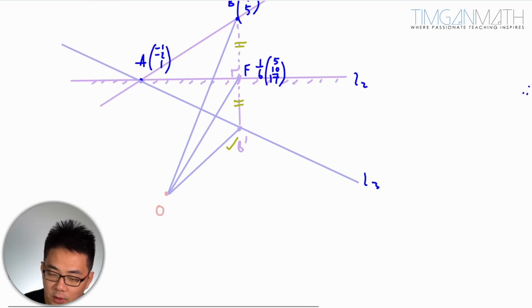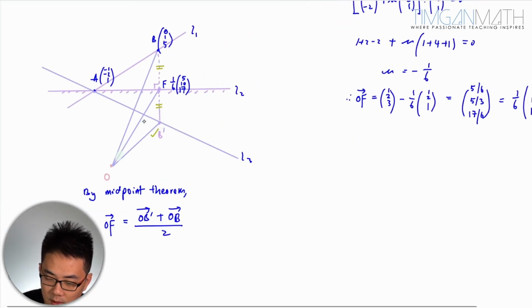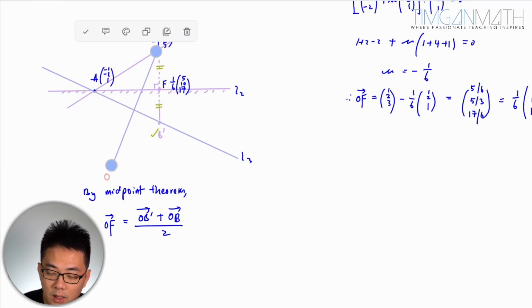So in this case here, by midpoint theorem, we know that OF is (OB prime plus OB) over 2. Right, so you take this middle one, then you add the sides together. Actually it's just ratio theorem. You take the side, cross multiply the ratio here, and you just add the ratio up. So yes, I prefer you to use O as well, because it's easier. Then you don't need to go and find A.